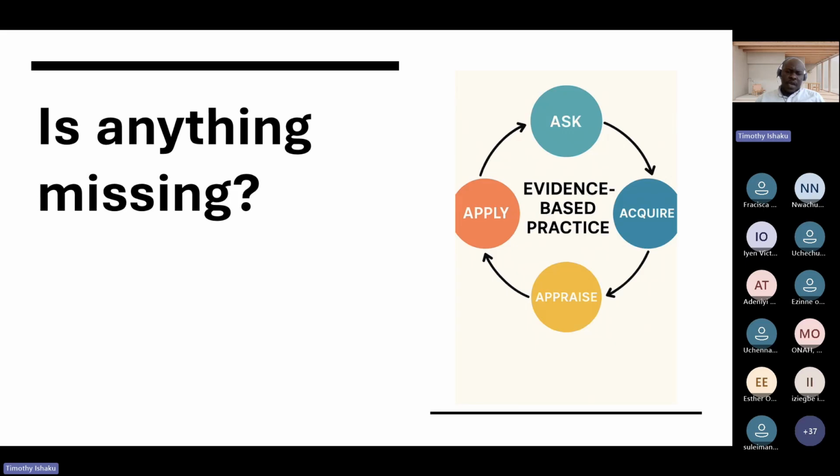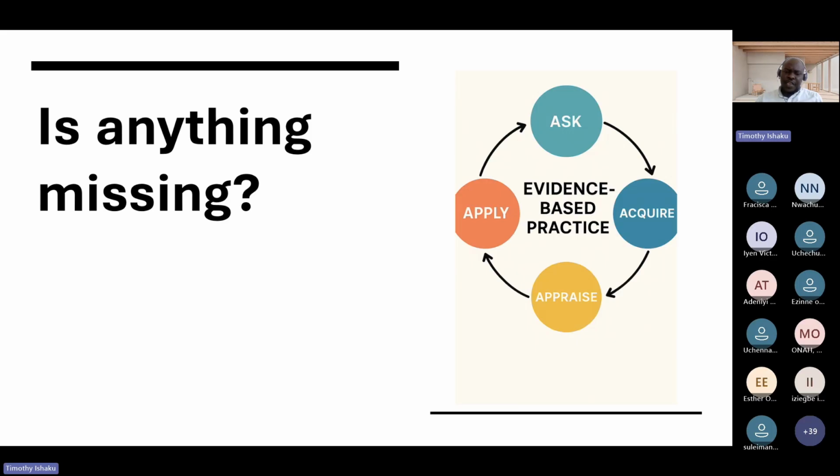Okay. Let me see if you guys are still with me. Looking at my image, or diagram, how do I call it? Is anything missing on the one I'm sharing on my screen? Someone said appropriateness. Francisca said patient preference. Is anything else missing?